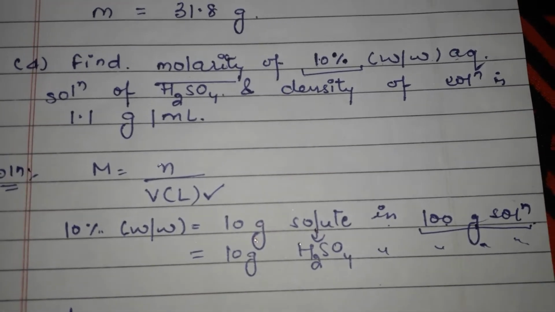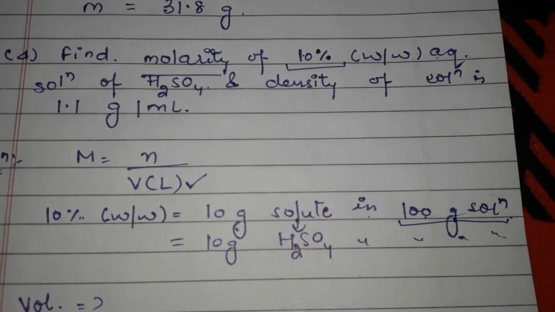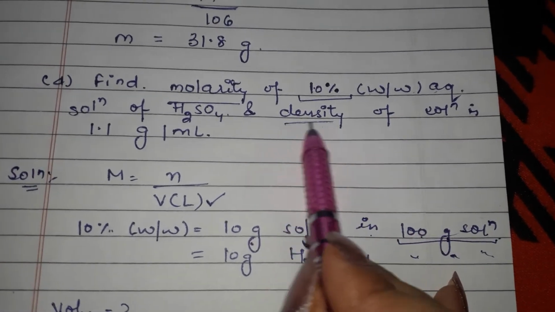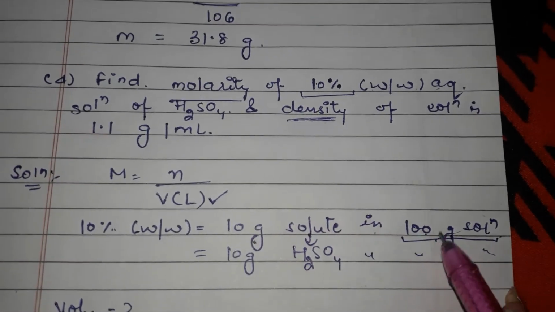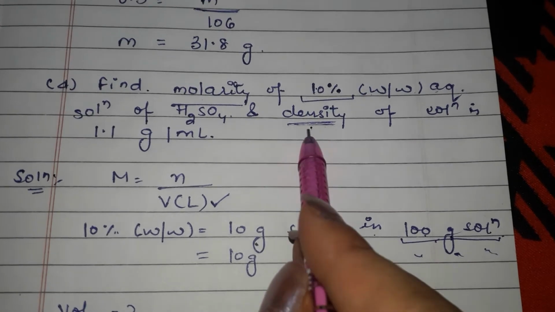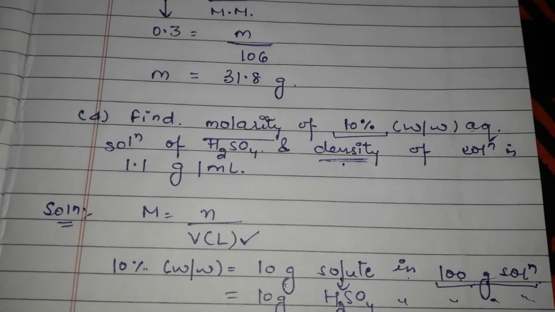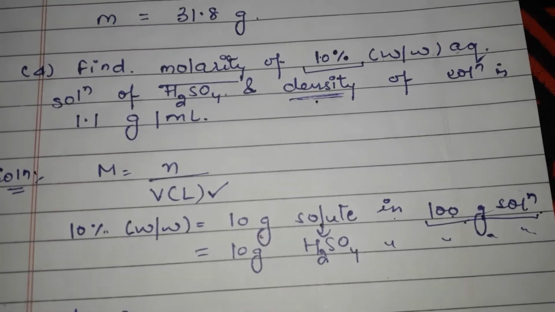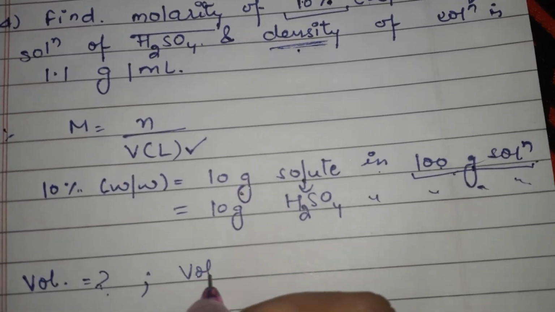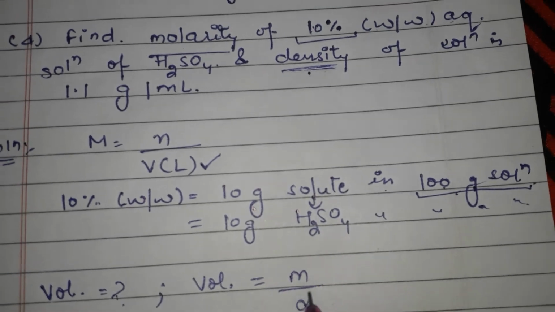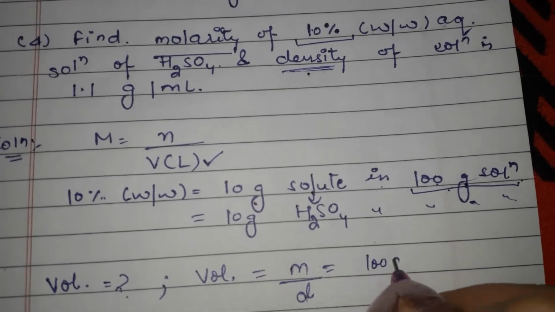How will we calculate it? In the question we have been given the density. We'll use this mass and this density to calculate the volume. Volume will be equal to mass upon density. Mass is 100 gram.